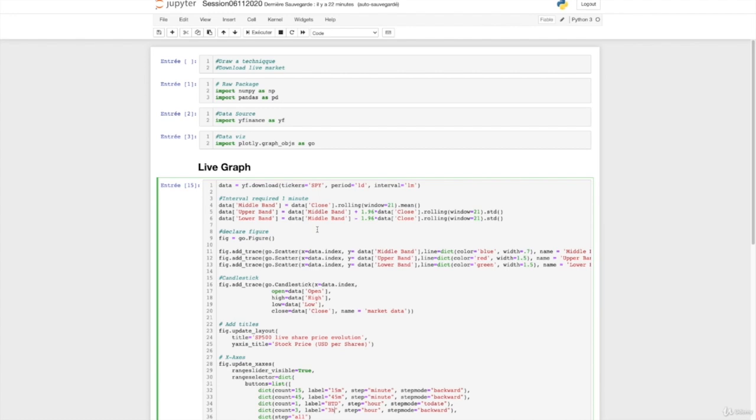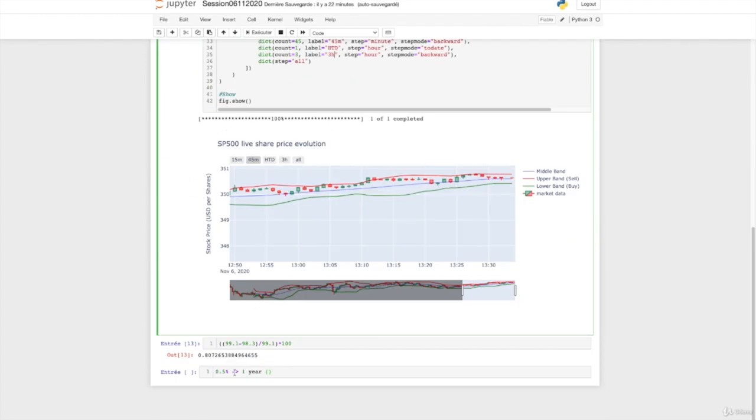Because 0.8% is consequential. It's not crazy, but I believe it's worth waiting 10 minutes to increase the revenue by 0.8%, by 1%, which is interesting.